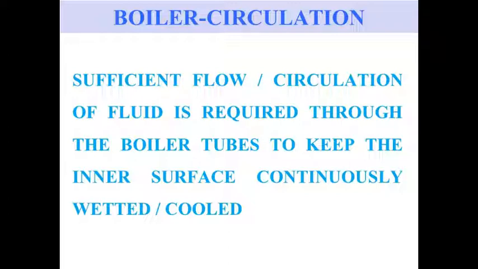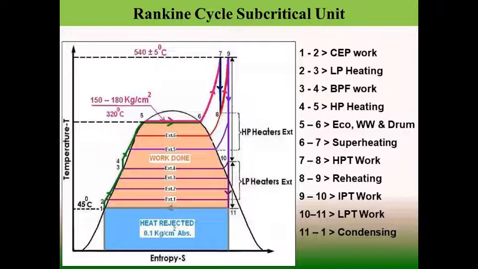At the same time, two approaches are there in the circulation process. There may be natural or thermal circulation, that is created by thermosyphonic action between the water coming down to the downcomer tubes and again moving up to the water walls, and there is a density difference, and this density difference gives the force for circulation.